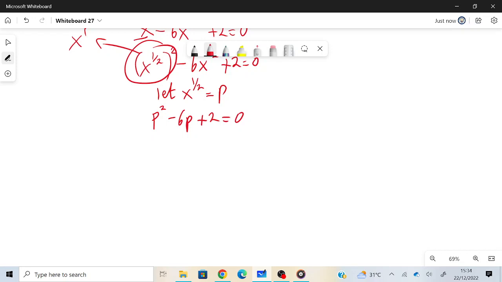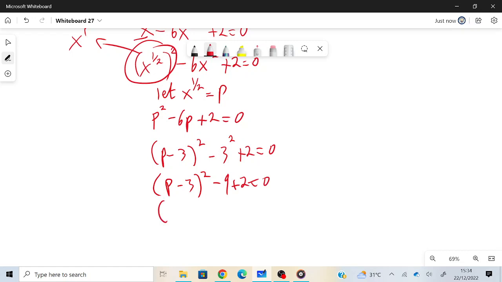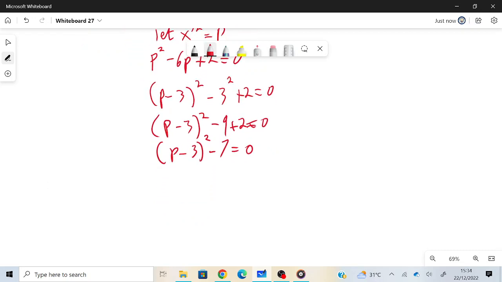So to complete the square, we know this would be p minus 3 squared minus 3 squared plus 2 equals 0. This is p minus 3 squared minus 9 plus 2 equals 0. This is p minus 3 squared minus 7 equals 0. Take the 7 to the other side.